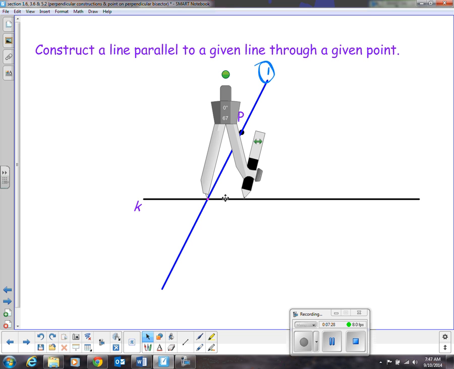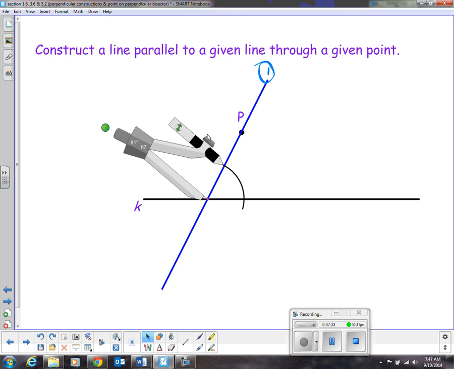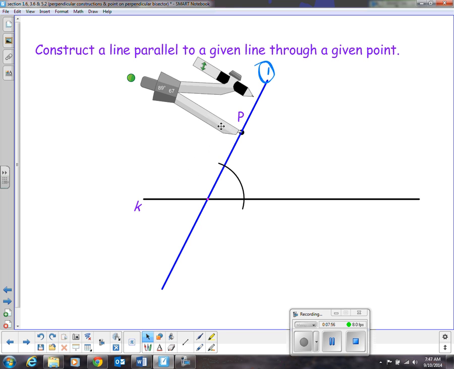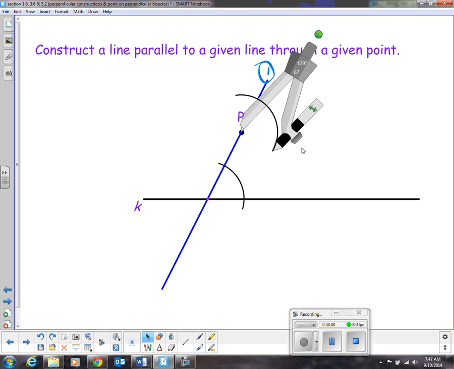I don't care what opening you use. Now you're going to draw an arc that's going to intersect both sides of that angle. Leaving your compass opening unchanged, you're going to take this compass point up to point P, and you're going to draw the very same arc.